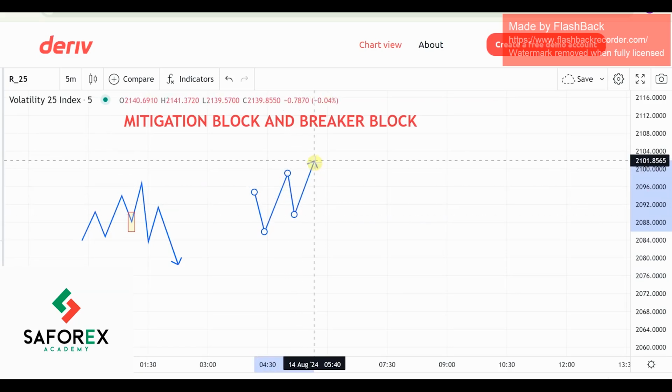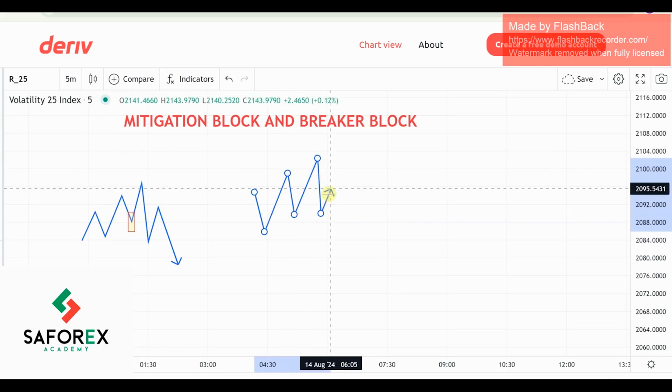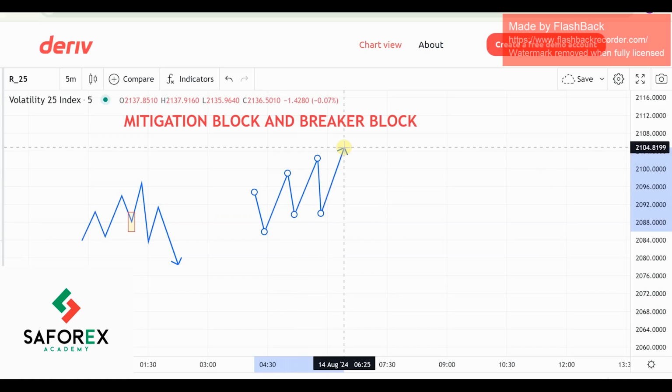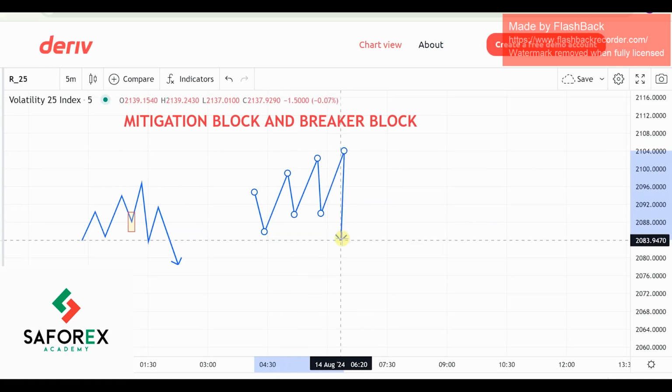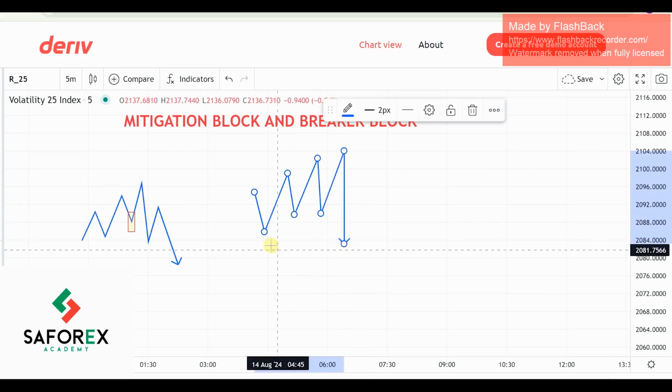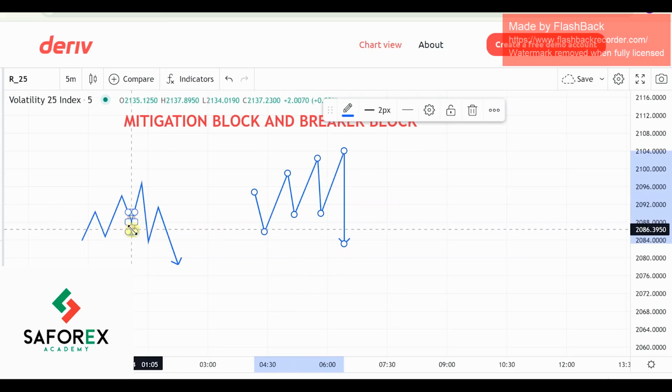It is supposed to reach out here and continue to the upside. But rather, price broke down, so it failed. Now it is called a bearish mitigation block.